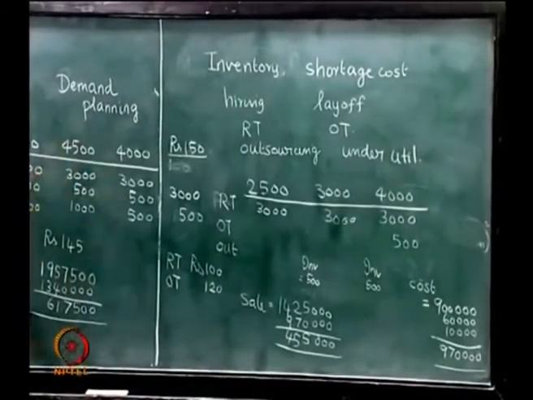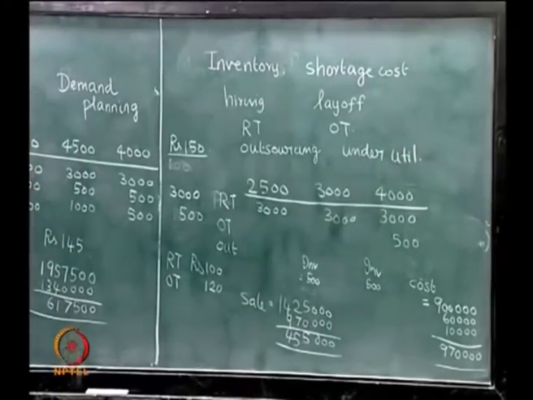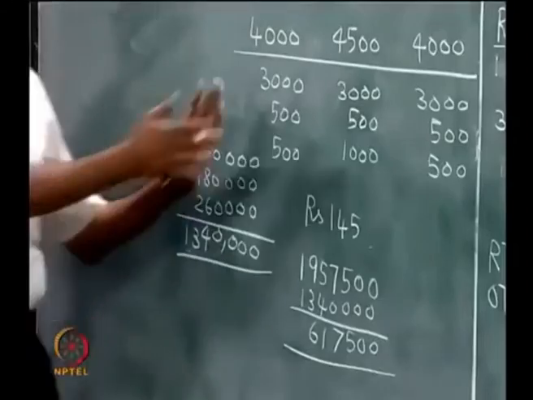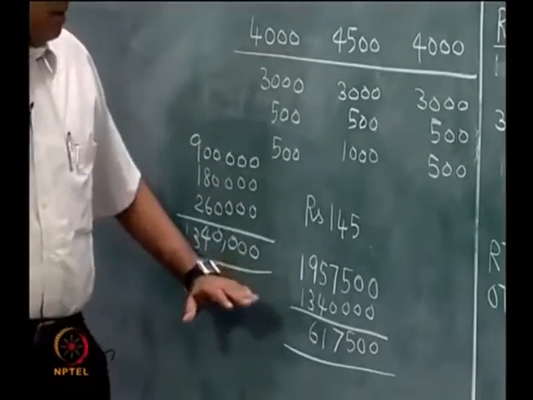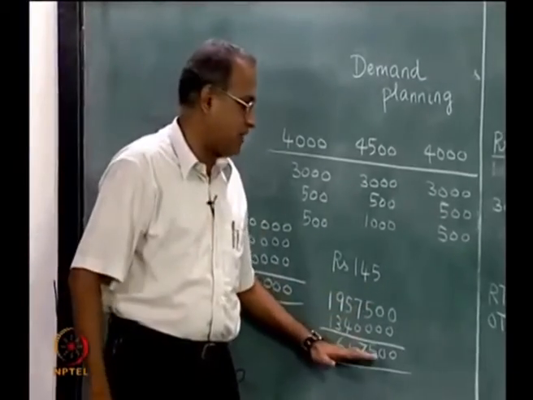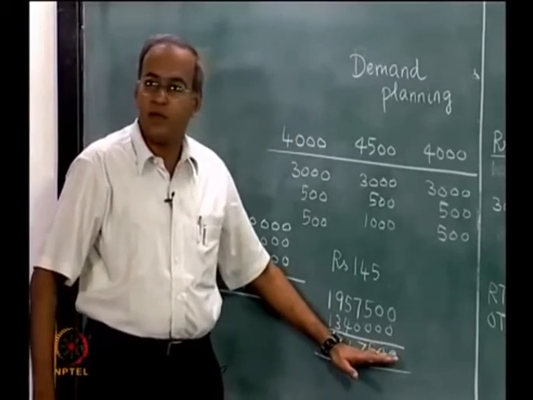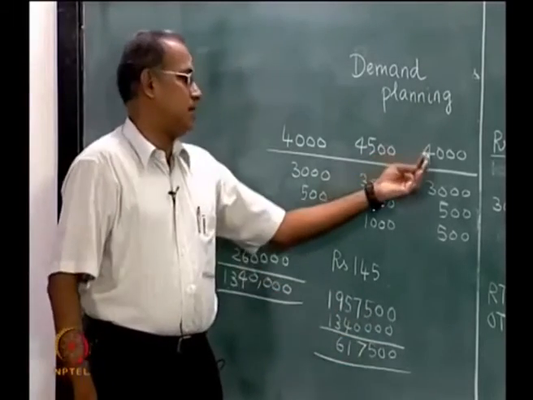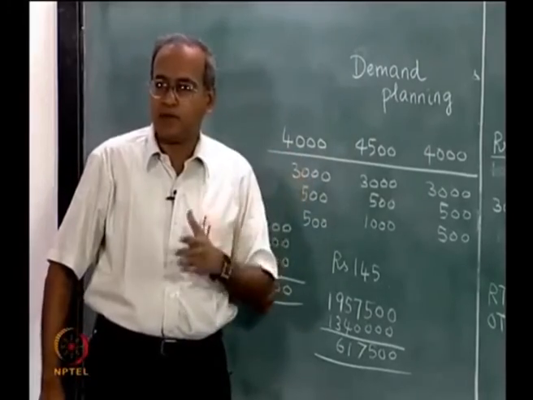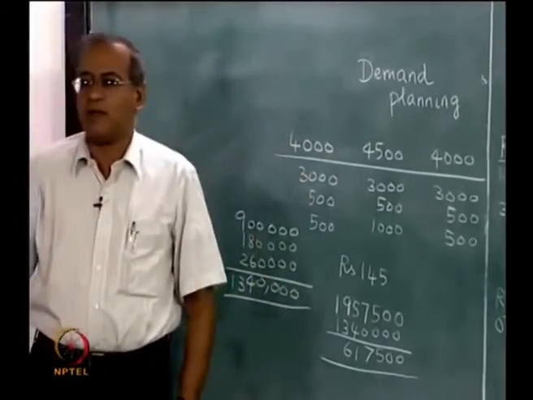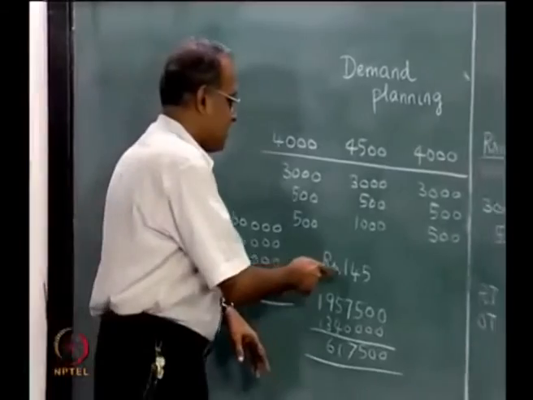A quick look at these, one will first be tempted to say that this is excellent, mainly because the profit has gone up. But we also understand the profit went up not only because we spread the demand, but also because we increased the demand as a result of this discount of 5.